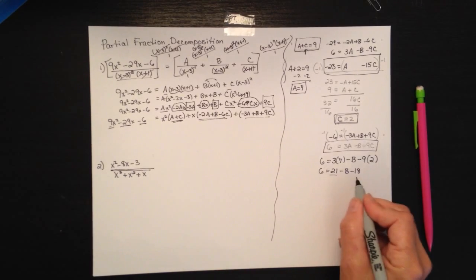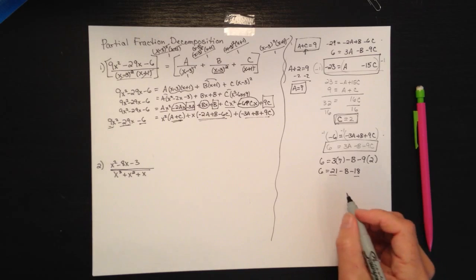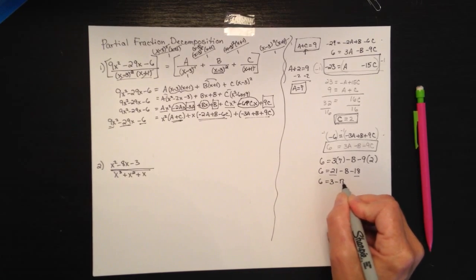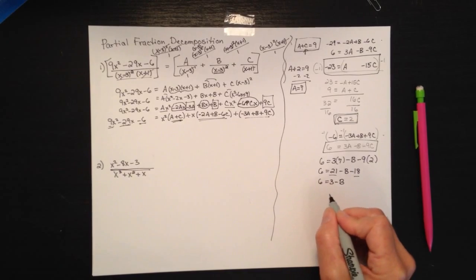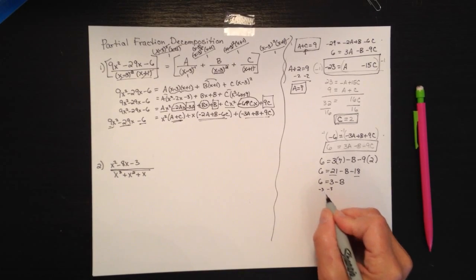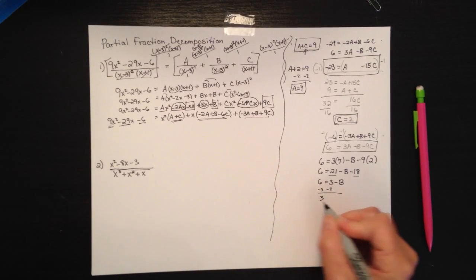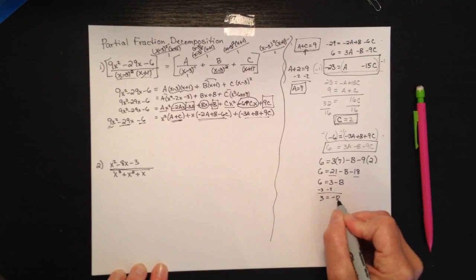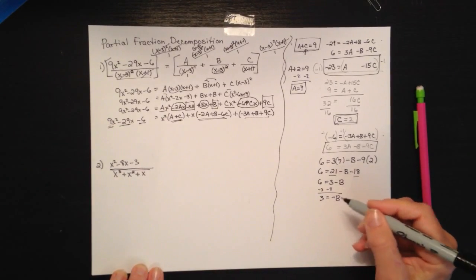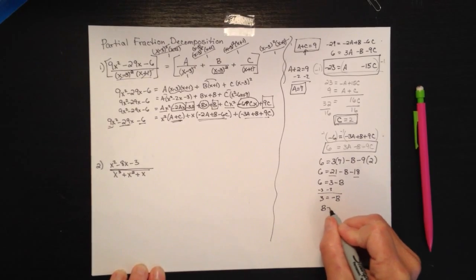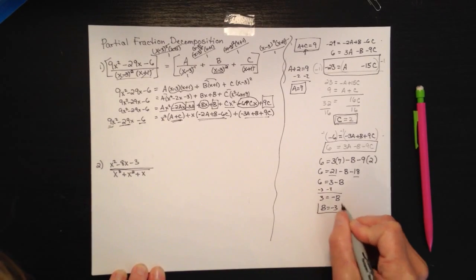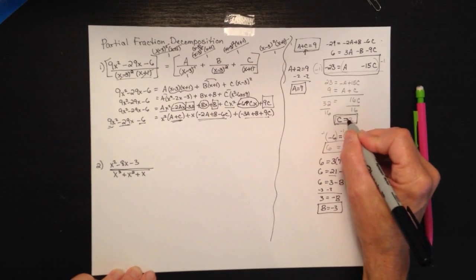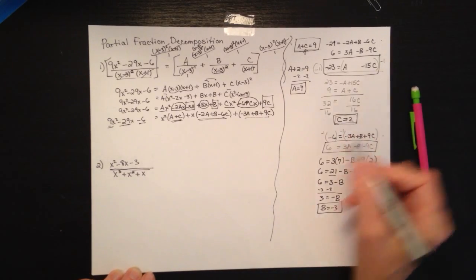I'm going to collect like terms. 21 minus 18 is 3. 6 is equal to 3 minus b. I'm going to subtract 3 from both sides and find out that 3 is equal to negative b. So b is equal to negative 3 when I divide both sides by negative 1. So now I have all 3 of my variables that I needed.